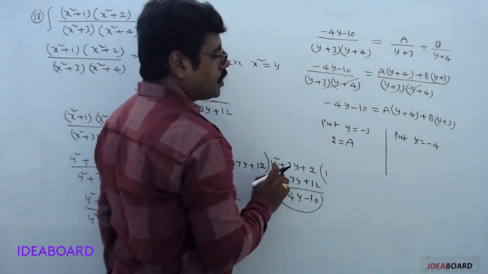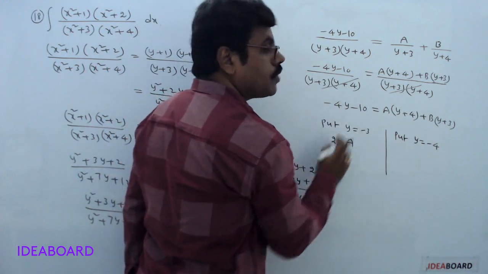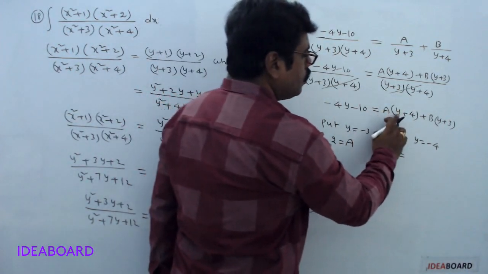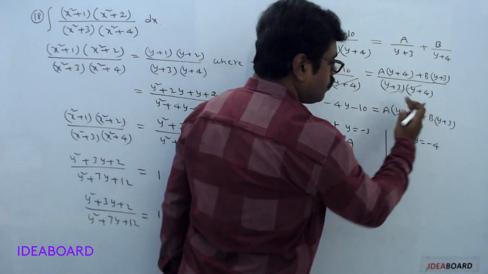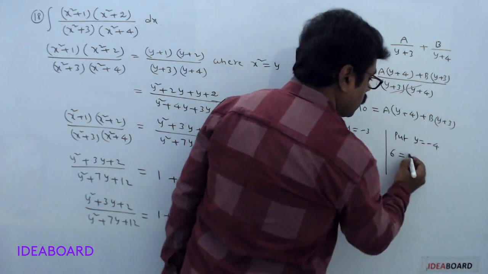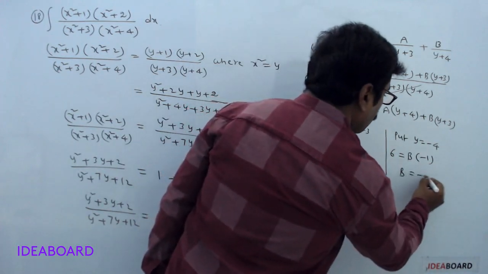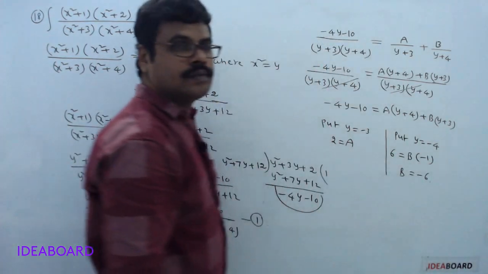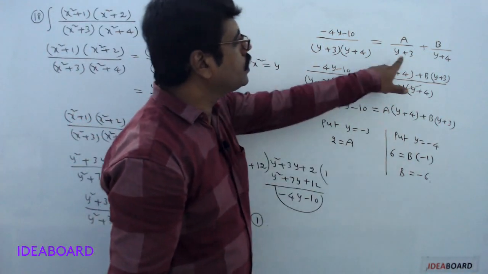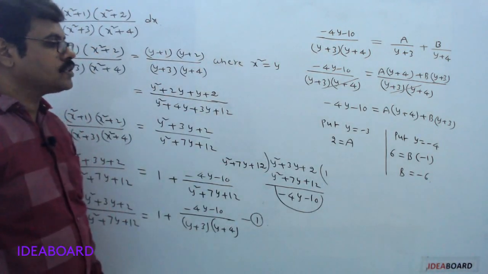Now in the LHS part, minus 4 into minus 4, 16. 16 minus 10, this is 6, equal to a into minus 4 plus 4, it will be 0, plus b into minus 4 plus 3, this is b into minus 1. Therefore, b value is minus 6. Then substitute the values of a and b in this equation. First write down those steps, then we will discuss the continuation.